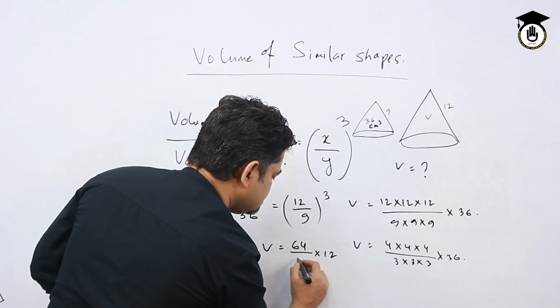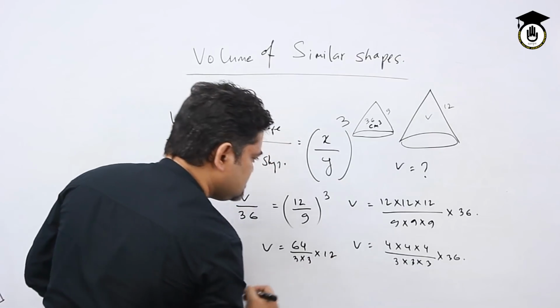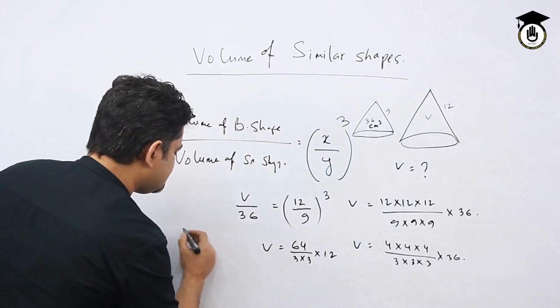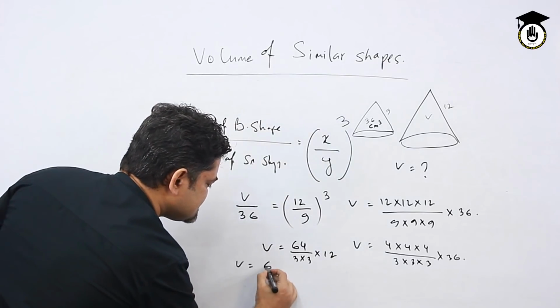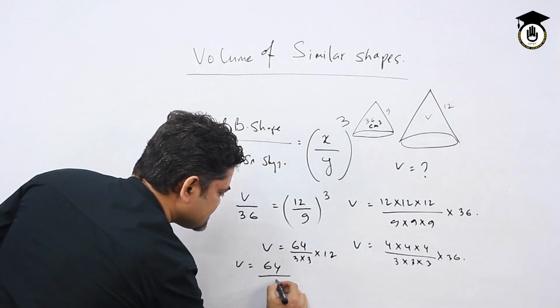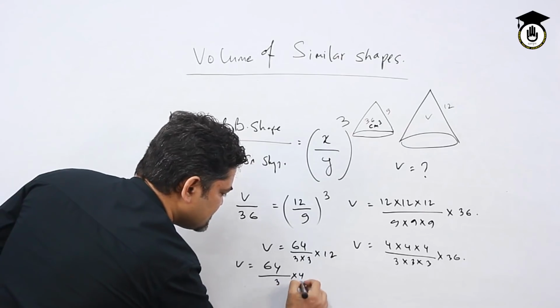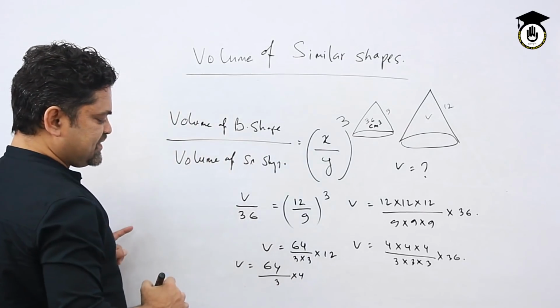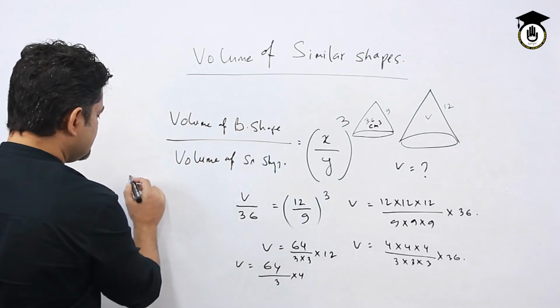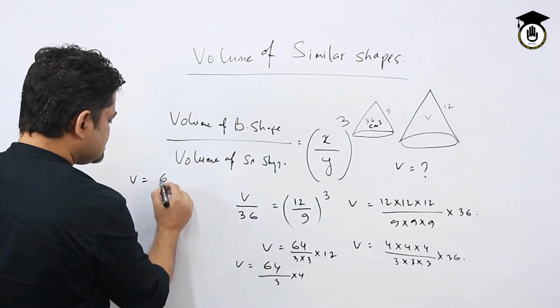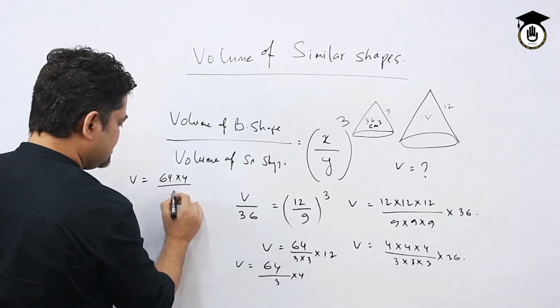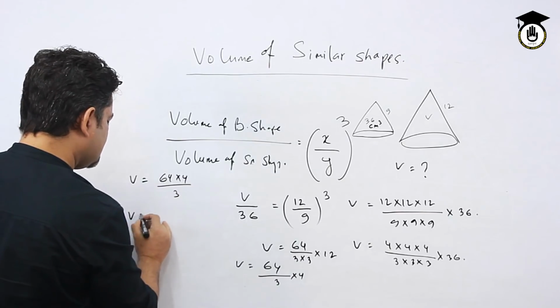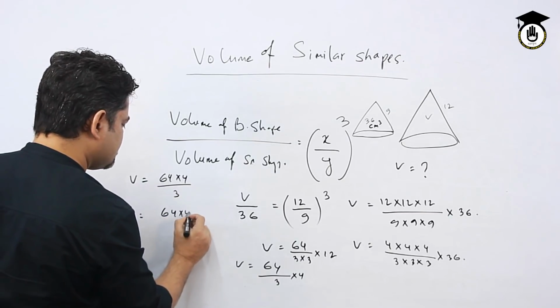So one 3 is gone. This is another way to sort it out. So V equals 64 divided by 3 into 4. 3 fours are 12. So the volume comes to 64 into 4 by 3. You can work it out using a calculator, which will be easier for you.